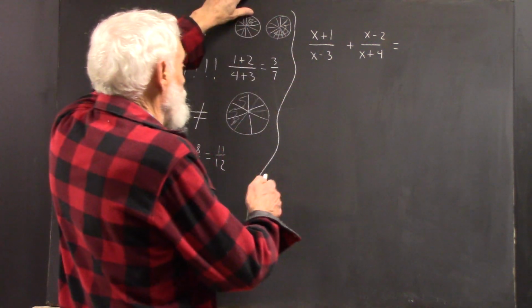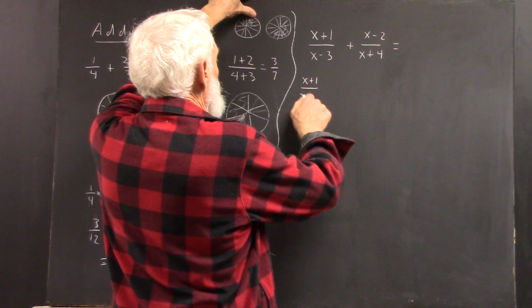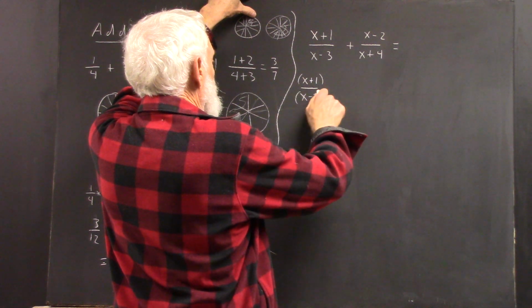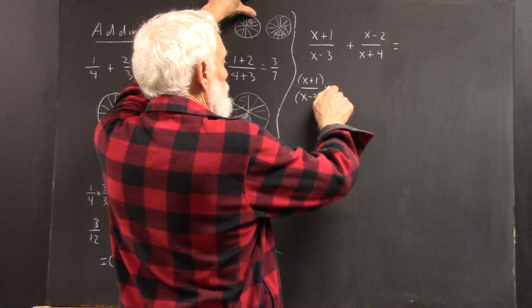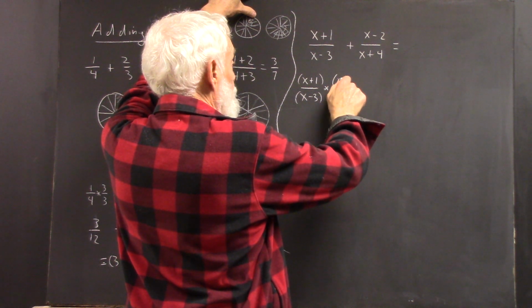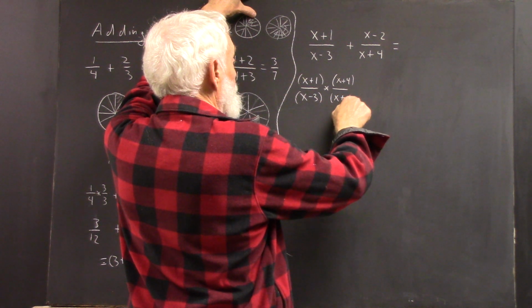Well, we can accomplish that by taking our (x plus 1) over (x minus 3), and I'm going to use some parentheses here just for clarity. Then we're going to multiply this fraction by (x plus 4) over (x plus 4).